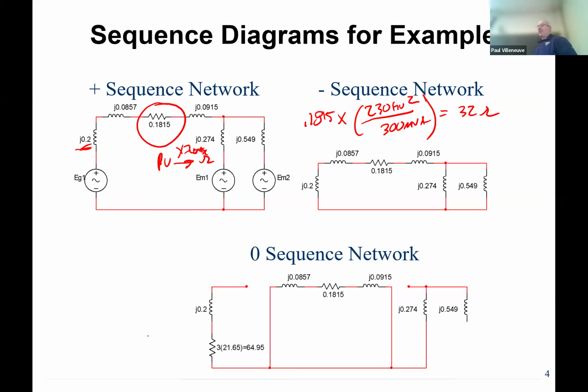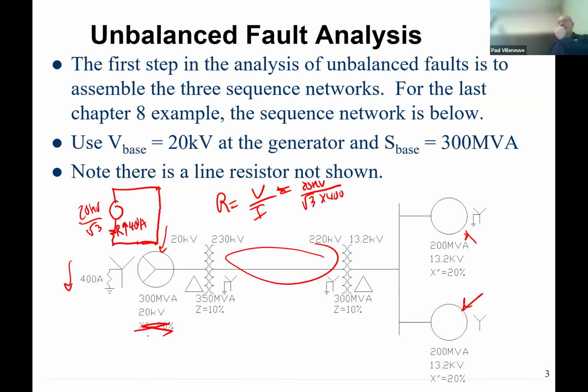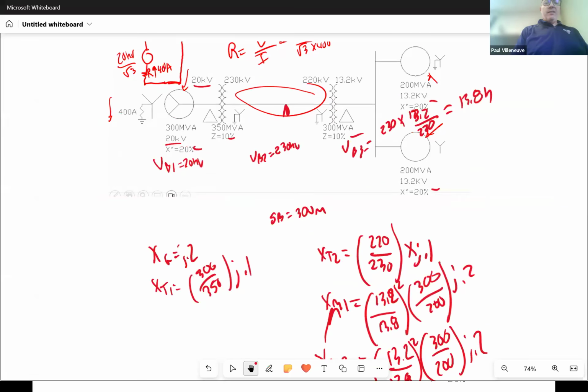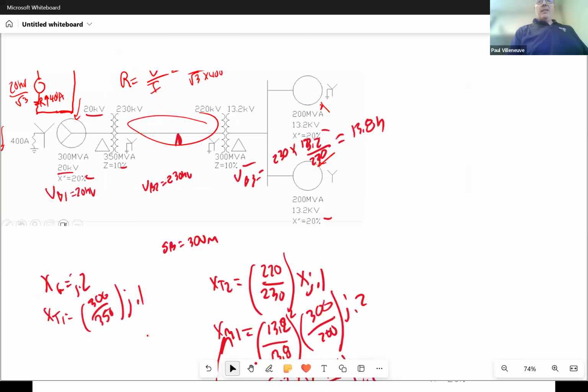Look at the zero sequence diagram. That does not look anything like the positive and the negative. So we've got to go back and figure out what to do. Remember, your zero sequence current has to be able to flow into your diagram. The way that I draw these is I have a reference bus, and then I start working my way through.